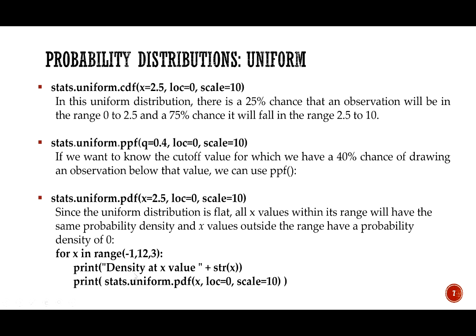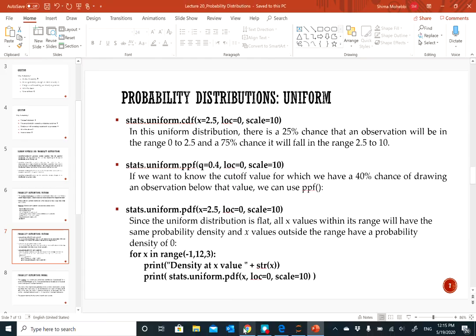First, we print the string density at x value, and then we return the x value, which is in range. And then we call the stats function. We apply the PDF at x with range 0 and 10. So let's implement this, and we expect to see the same probability density, right?